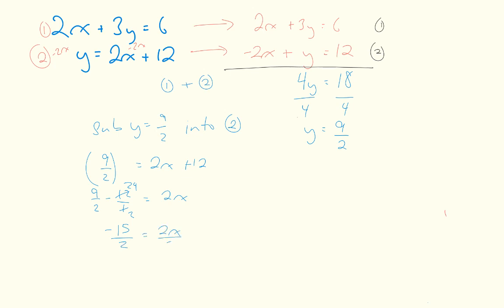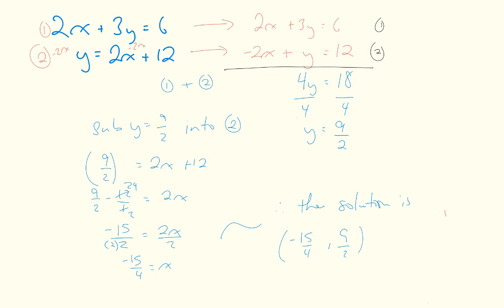I'm going to divide both sides by 2. Get negative 15 over 4 equals x. Not a beautiful solution, but plenty of times we get fractions as solutions. Therefore, the solution is (negative 15 over 4, 9 over 2).